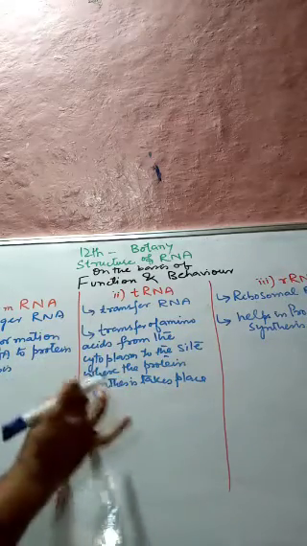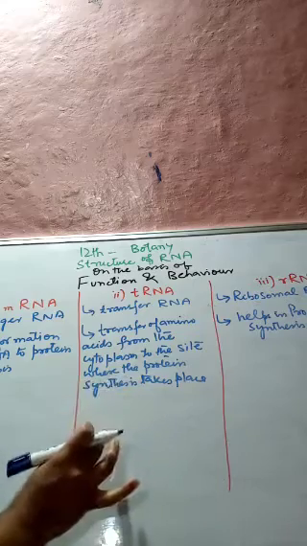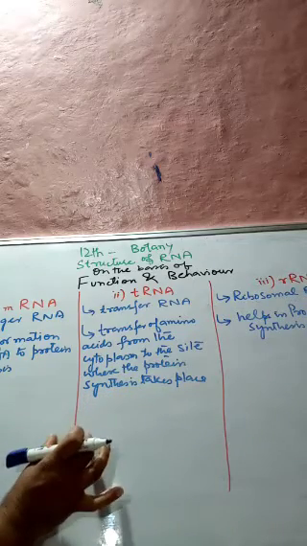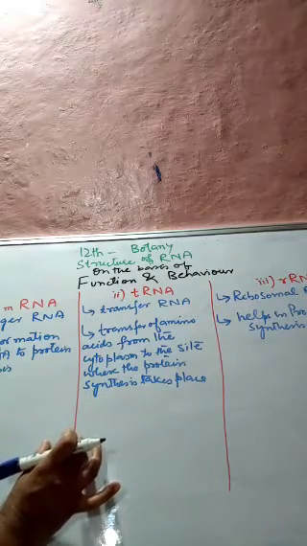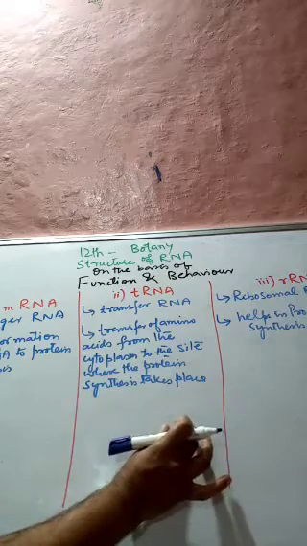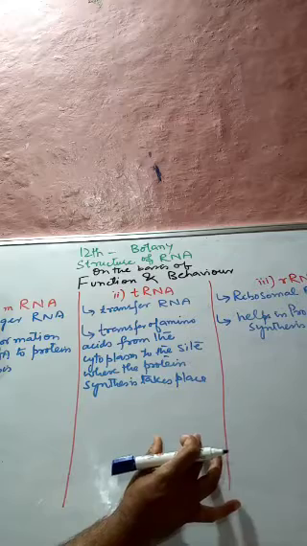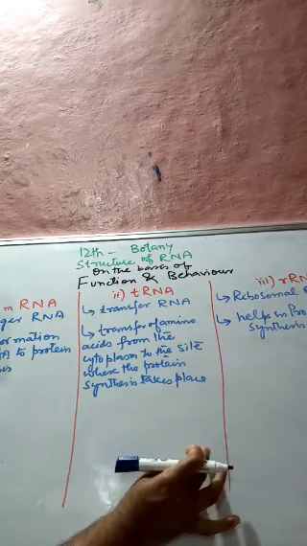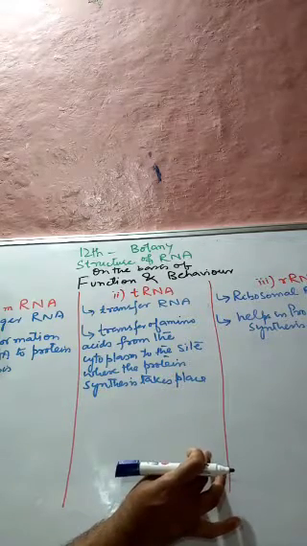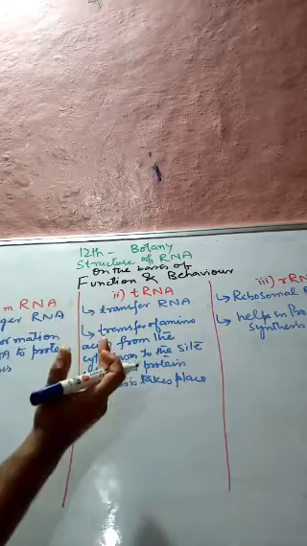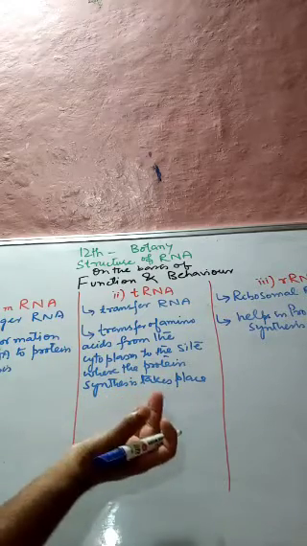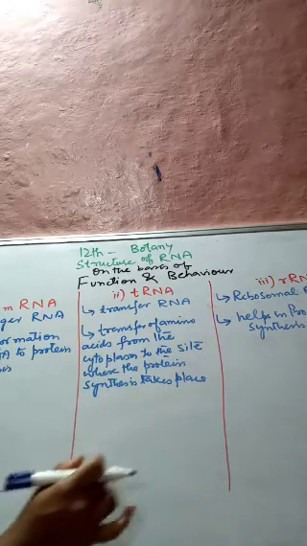Then there is a difference in the pentose sugar. In case of DNA, it is deoxyribose, whereas in case of RNA it is ribose sugar. The difference we see is at carbon 2, where there is one more functional group, the hydroxyl group, whereas in case of DNA, this functional group is not present.